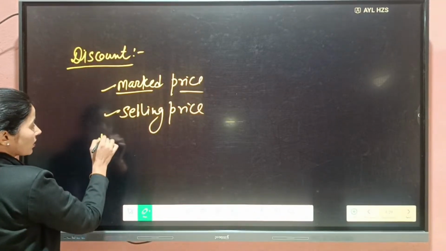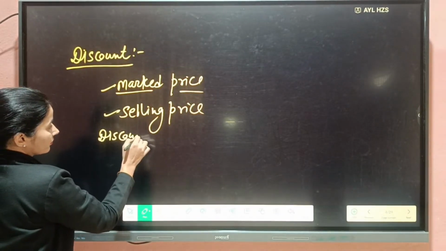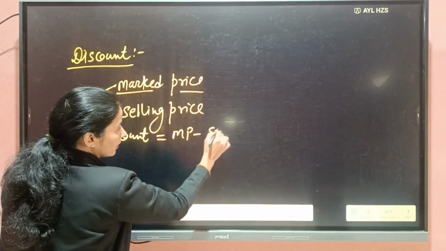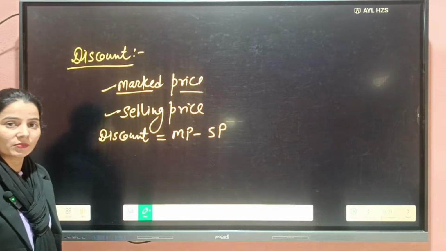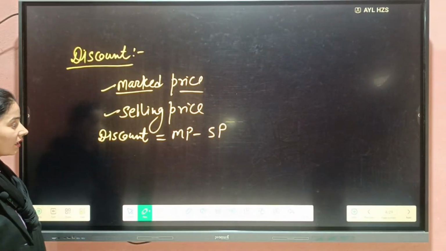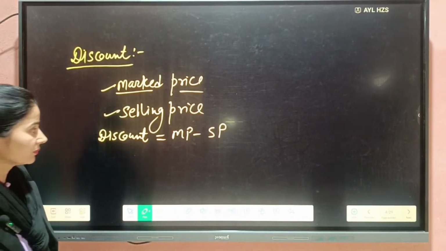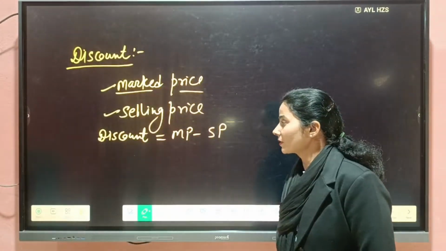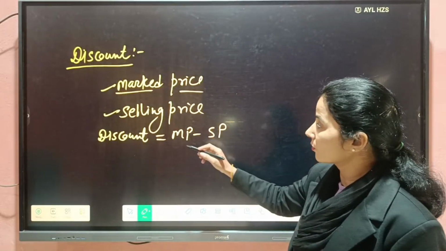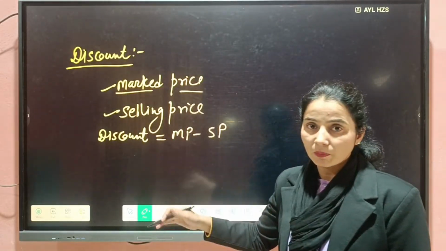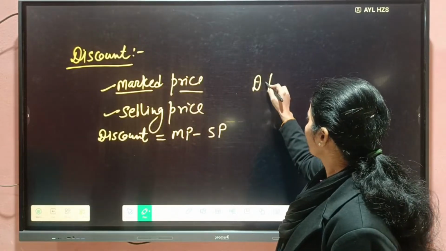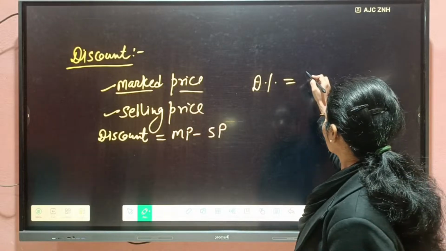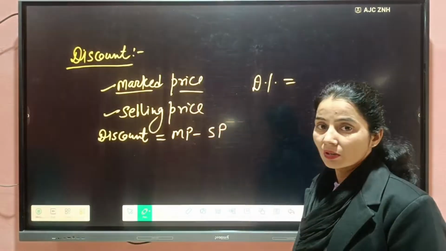How will you find discount? Discount will be marked price minus selling price. Now see, marked price minus selling price is your discount. If you need to find the discount in percentage, how can you find it? This is always calculated on marked price.